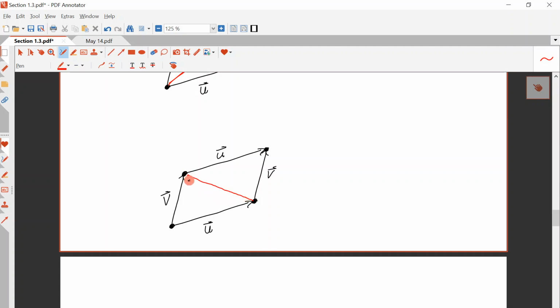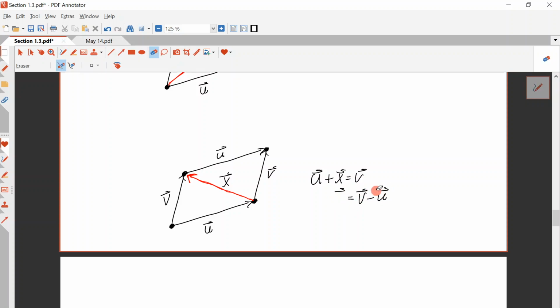Which vector is this? If I call this vector x, then u plus x equals v. Therefore, x is equal to v minus u.